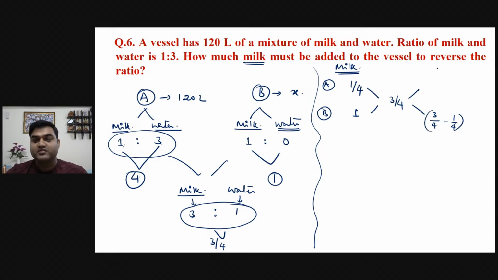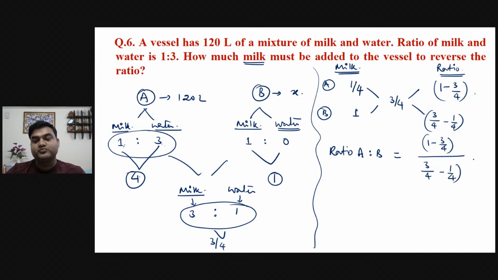What ratio did we get? 3 by 4 minus 1 by 4, and on the other side 1 minus 3 by 4. Okay, this is the ratio. So let's write the ratio of A is to B. Let's find out what this is.